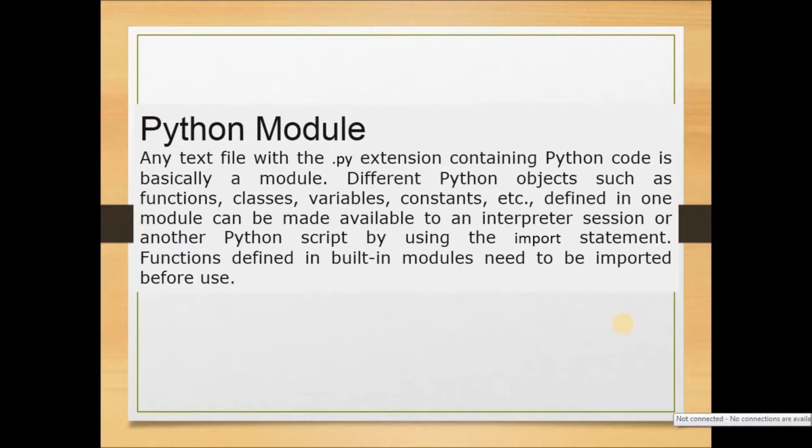A Python module is a file with the .py extension containing Python code and different Python objects such as functions, classes, variables, constants, etc. Defined in one module, they can be made available to an interpreter session or another Python script by using the import statement. That means if you have created some functions in one .py file, you can import those functions in another module also.